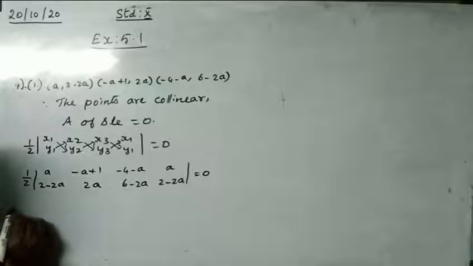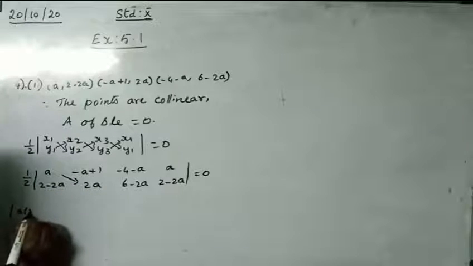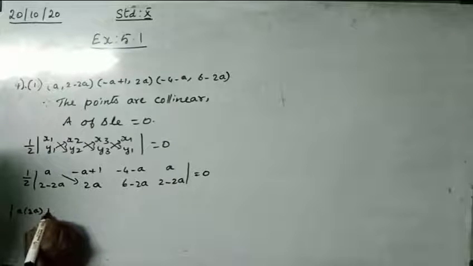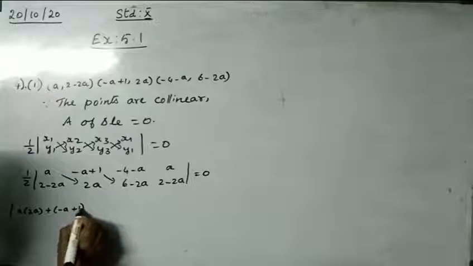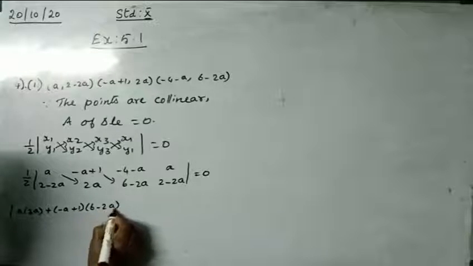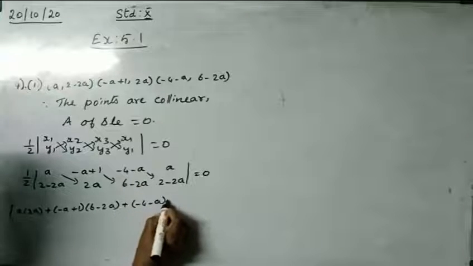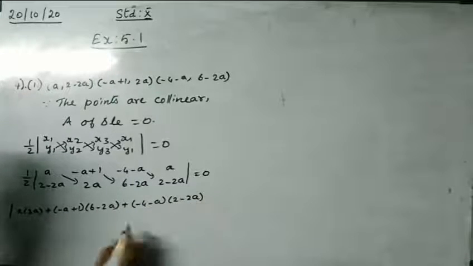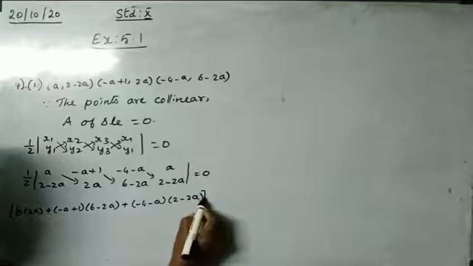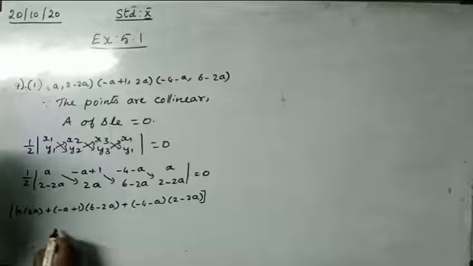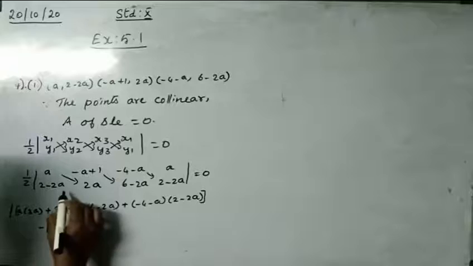So first, modulus of these two numbers multiply, a into 2a, plus these two numbers minus a plus 1 into 6 minus 2a, plus these two numbers minus 4 minus a into 2 minus 2a. So 1 cross multiplication over, take a square bracket as a whole, then put minus. Once again go to the next cross multiplication.